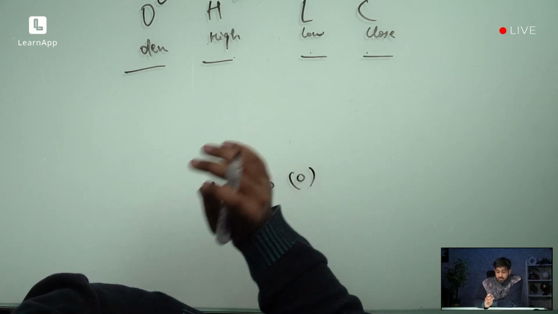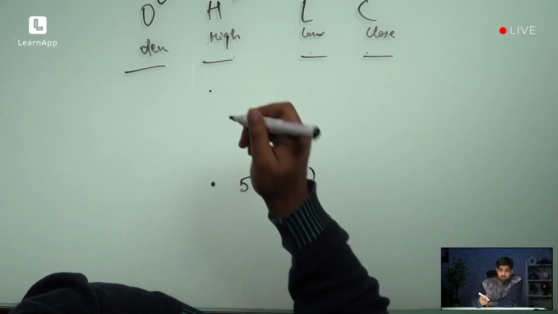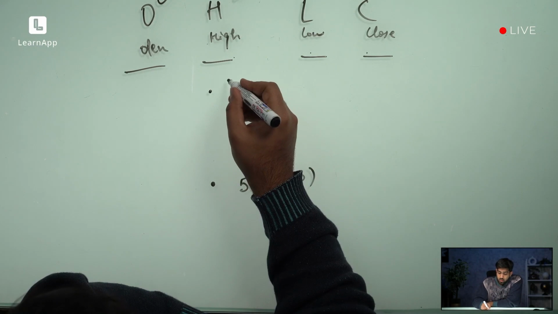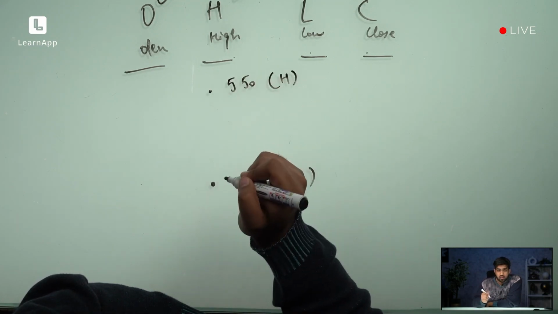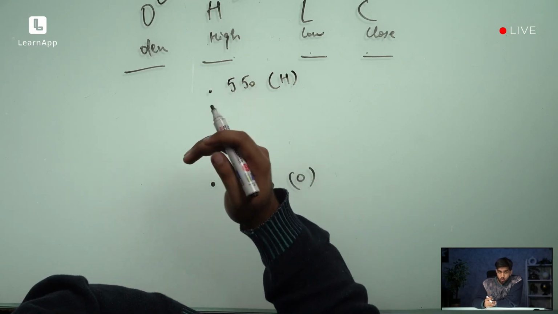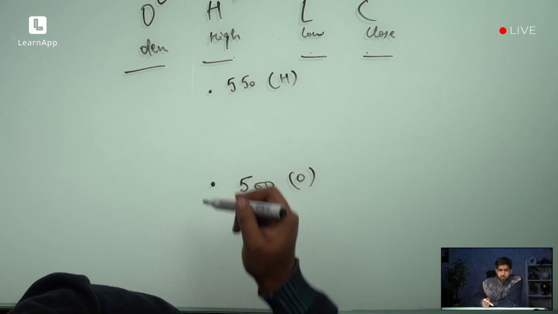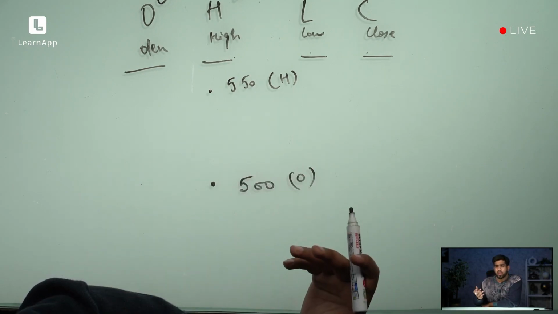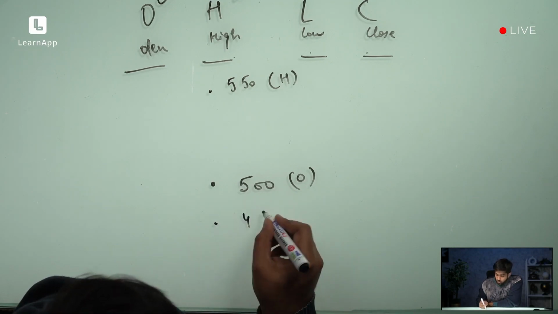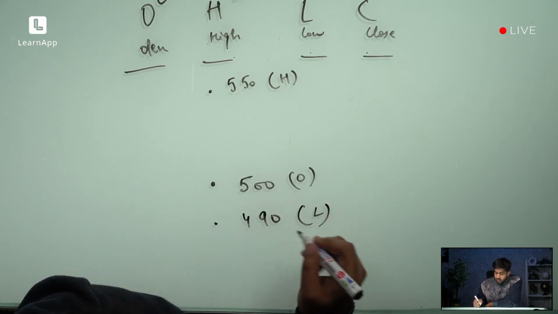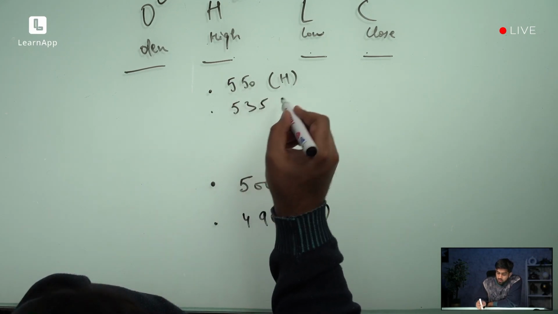The maximum price it touched was 550. This is called the highest price, the high. And the lowest point it reached: it opened at 500 and went up, went down, went up, went down. At any point of the day, the lowest it touched was 490, and ultimately it closed at somewhere around 535.